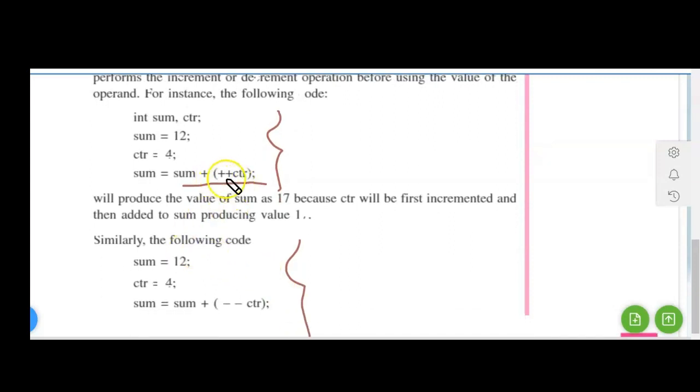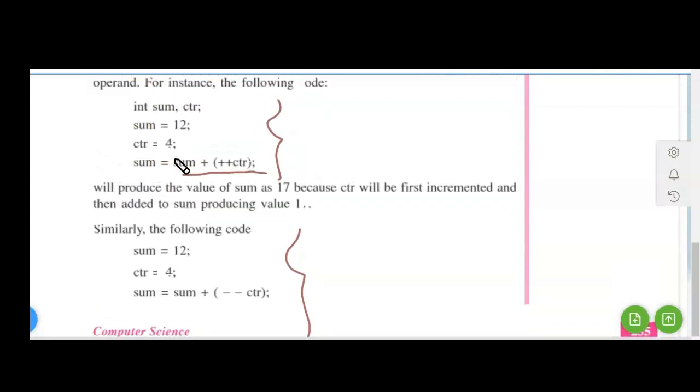You can see here they have used two variables, sum and CTR. Two variables are used which are of type int, that is, the data type is int, both are int. Sum is equal to 12 and CTR is equal to 4. The values are given here, and what happens is sum will get added to plus plus CTR.